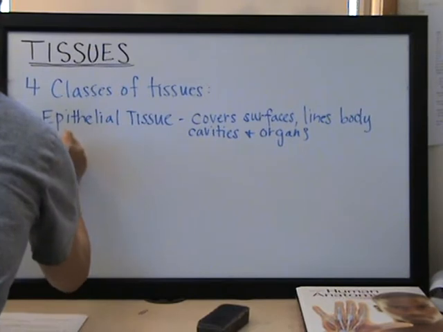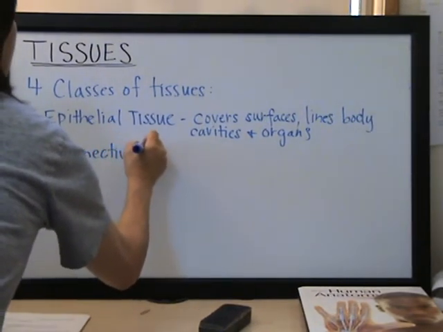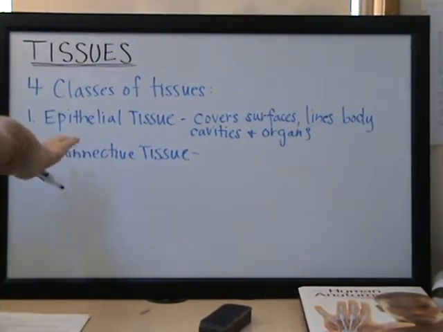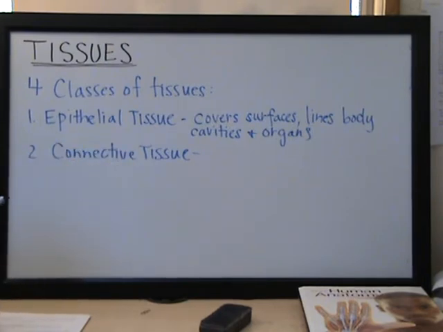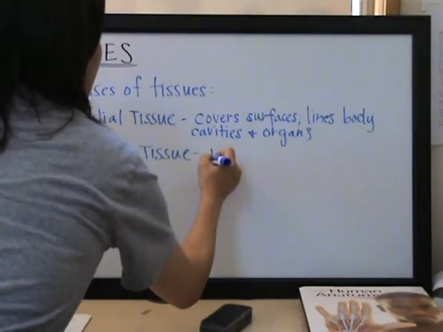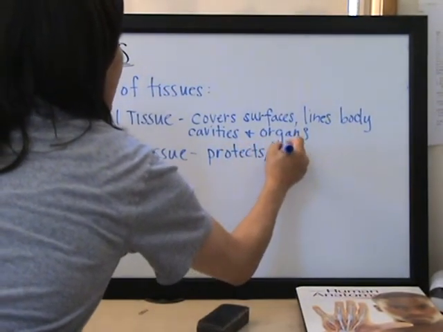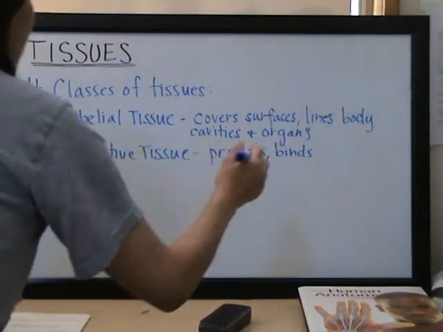Okay. A second type of tissue is called connective tissue. Just like the word says, connective. It connects other tissues and organs together. So it also has a protective function. So it protects, binds structures together, and supports.